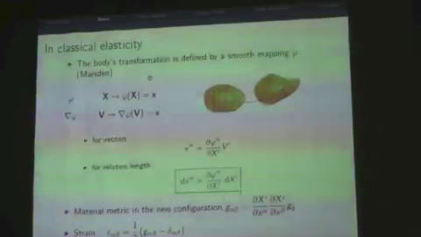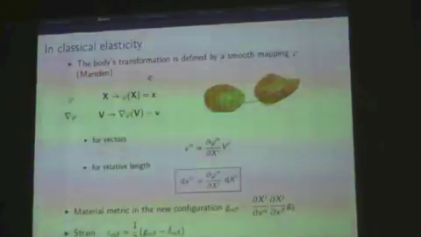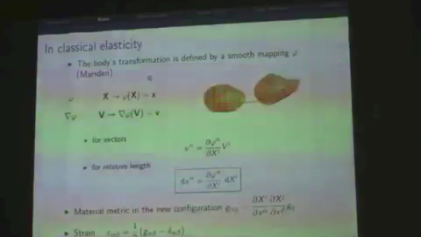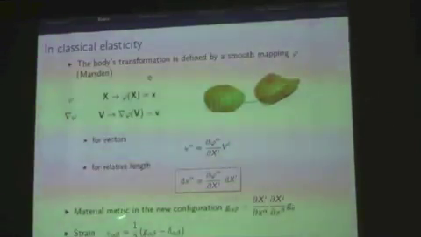In classical elastic theory, we can, for example, use books from Marsden or a lot of others, and we have a transformation which is a map from the referential situation to the actual situation. If we want to compare vectors, we have to introduce the gradient of this map.